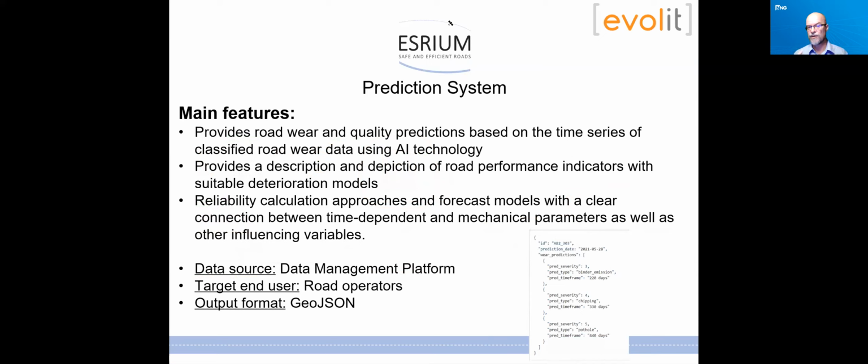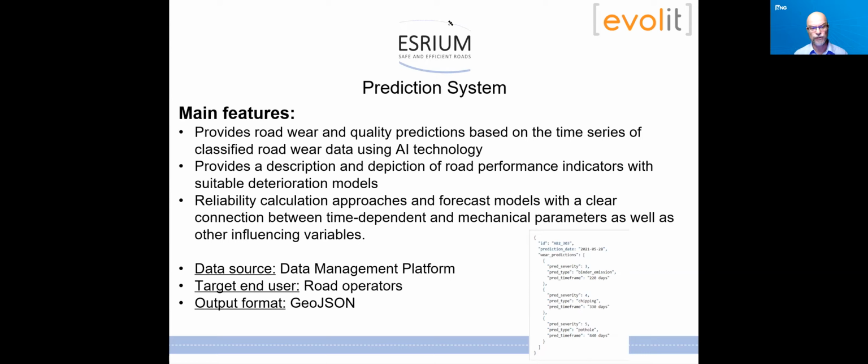It also provides a description and depiction of road performance indicators with suitable deterioration models and reliable calculation approaches and forecast models with clear connection between time-dependent and mechanical parameters, as well as other influencing variables. Yeah, it is very complex. You know, this is already future technology. This is already implementation of artificial intelligence in mobility, and that is where we are entering tomorrow.